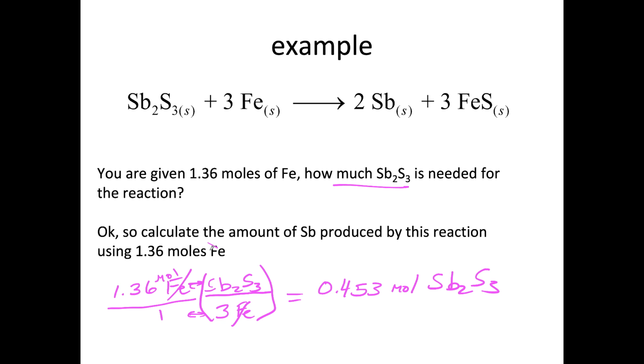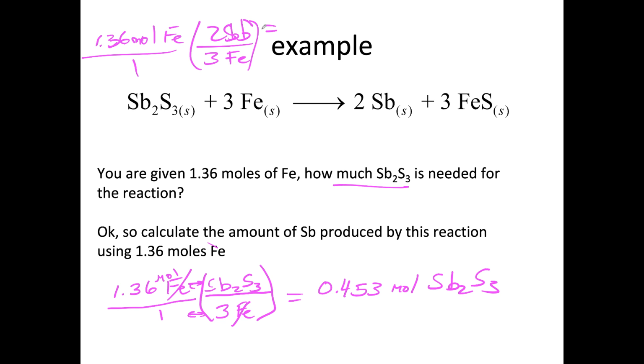So we still have 1.36 moles of Fe, and we can finally figure out how many Sb we have. I'm going to come up here because I didn't give myself space on the last slide. So we have 1.36 moles of Fe, and for every 3 moles of Fe, we have 2 moles of Sb.